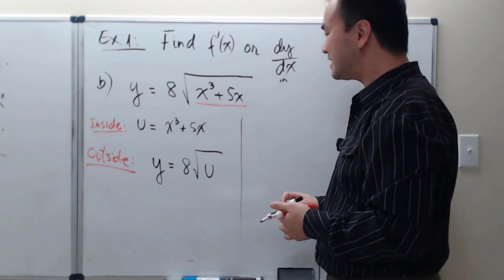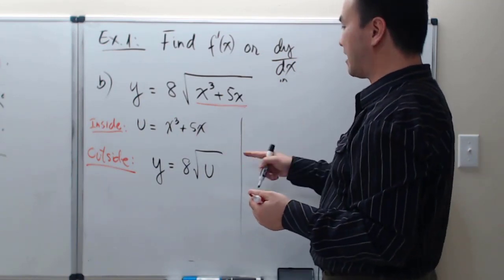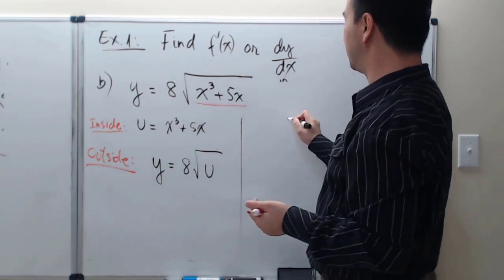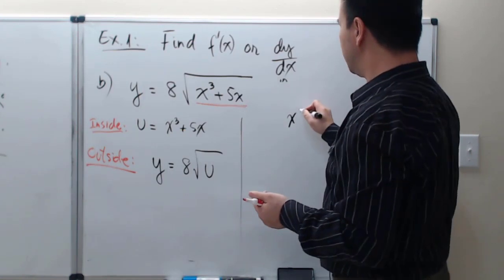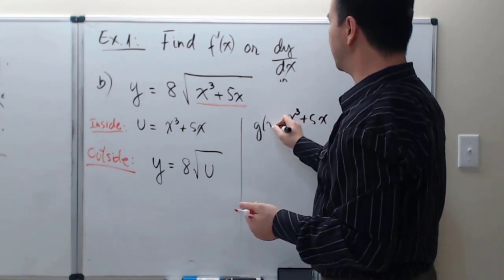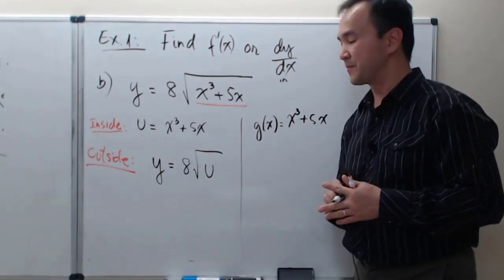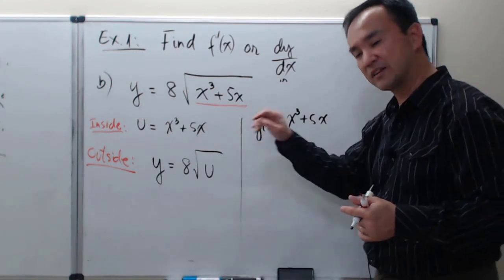In the other style of naming your inside and outside, the inside is x cubed plus 5x, which I'm going to refer to as g of x, the function being composed inside of another function.